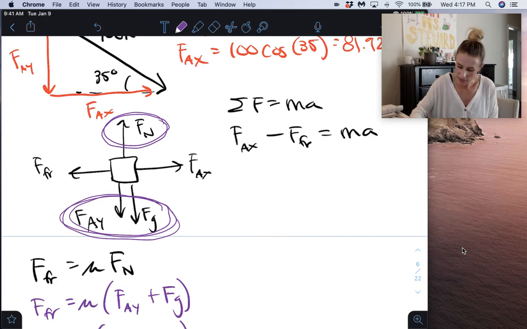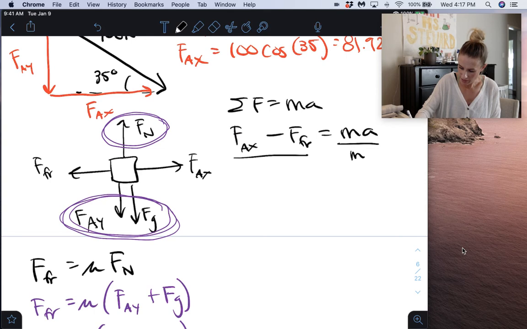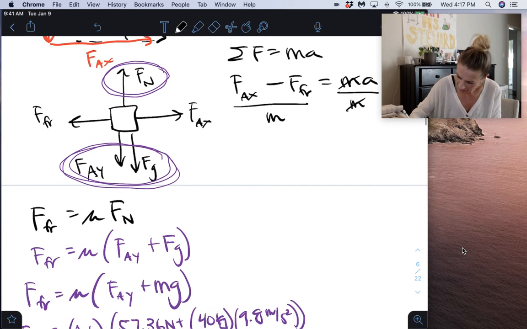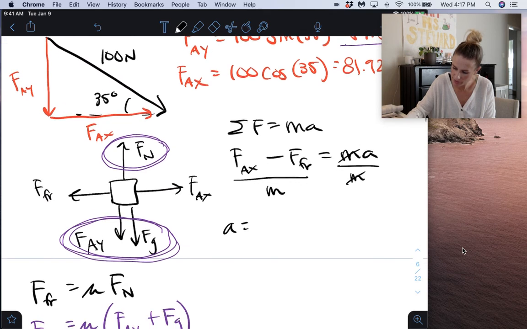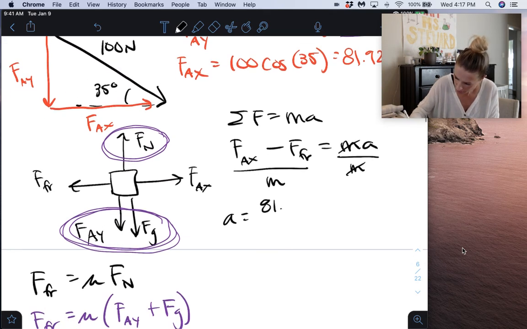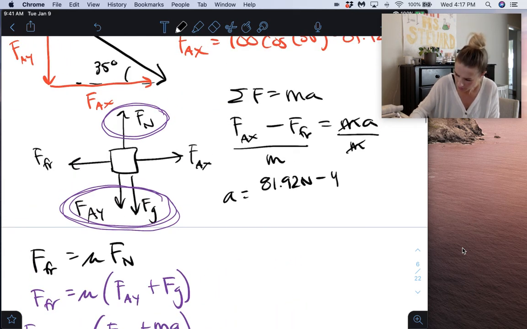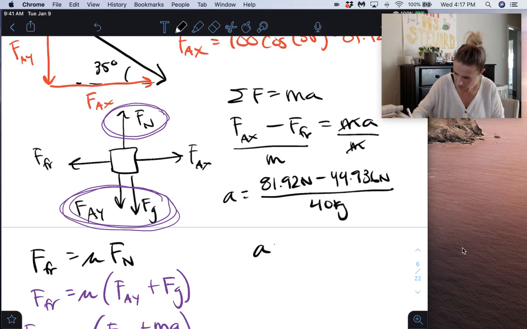So first and foremost, in this Newton's second law equation, I'm going to divide both sides by mass so that we get acceleration by itself, because we know that that's what we're solving for. And we get acceleration is equal to force applied in the x direction, which was 81.92 newtons, minus the force of friction, which was 44.936 newtons, and then divided by mass, which was 40 kilograms.